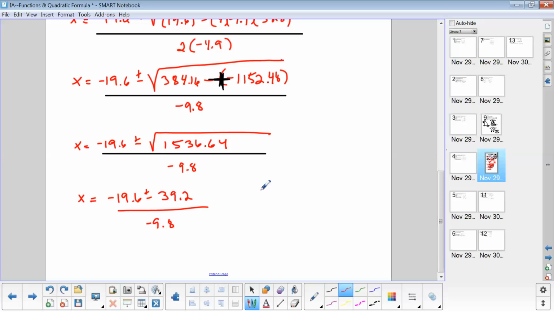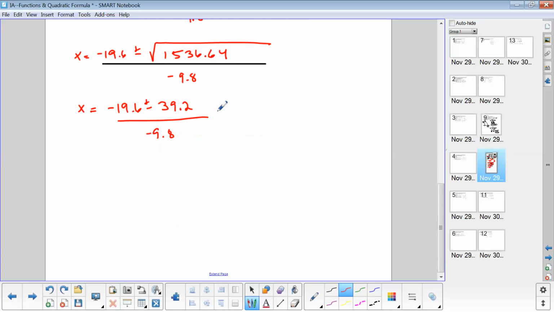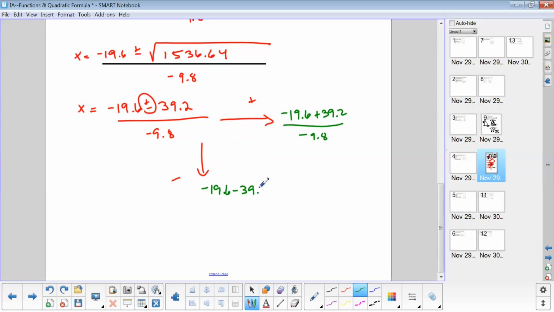So here's what I have with the quadratic formula. Now I have two situations. I've got an addition part and I've got a subtraction part because that's coming from your values here. So I'm going to have negative 19 and 6/10 plus 39 and 2/10, all divided by negative 9 and 8/10. And I'm going to have negative 19 and 6/10 minus 39 and 2/10, all divided by negative 9 and 8/10.